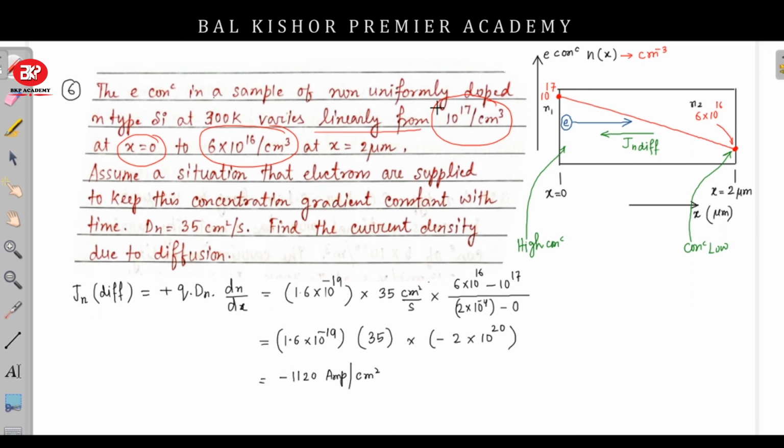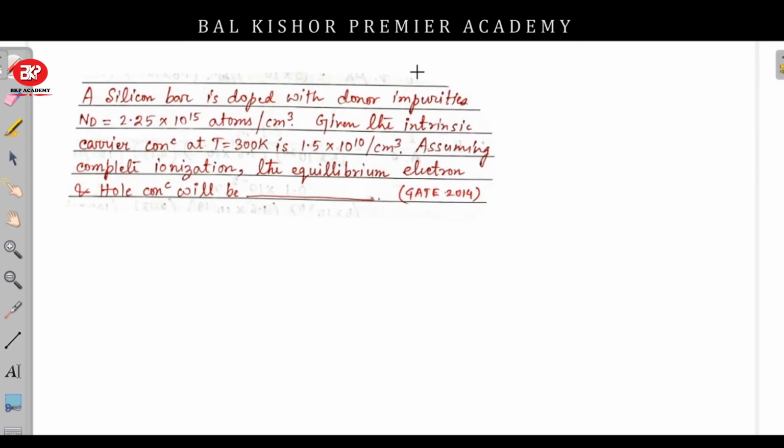So let us move to the next numerical. The seventh numerical is like this. It is a GATE question. A silicon bar is doped with donor impurities Nd.